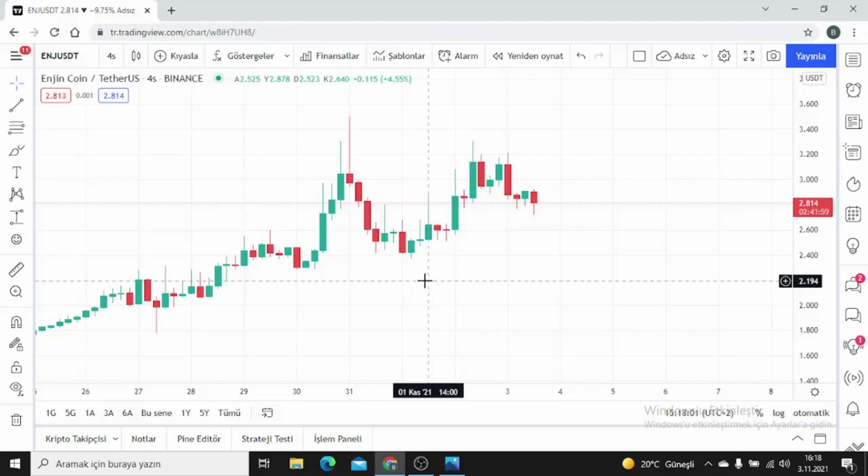Now basically, friends, when we open up the chart, the first thing we should look at is the candle formations. I didn't tell you about the candle formations, but you can understand them by doing a little research on Google. I don't want to give wrong information. As far as I know, there are 21 bullish candle formations and 13 bearish ones.